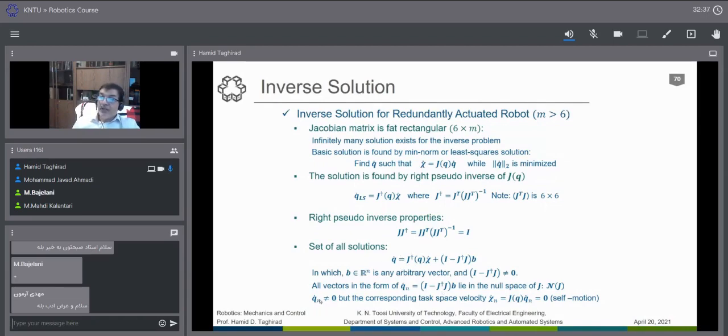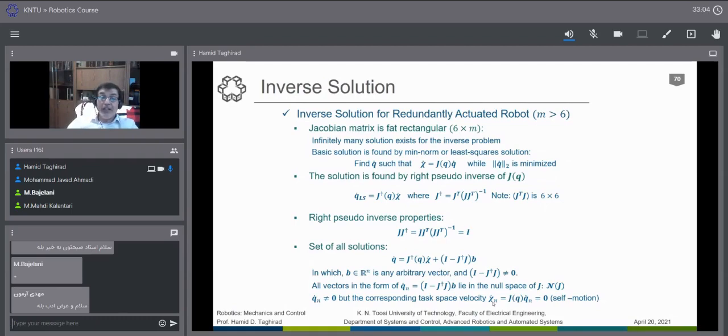So Q dot n is not equal to 0, but when we multiply it by the Jacobian, since it lies in the null space of the J, it will give us a zero vector in the task space. So this means that it is mathematically very simple and very intuitive to find a null space solution.